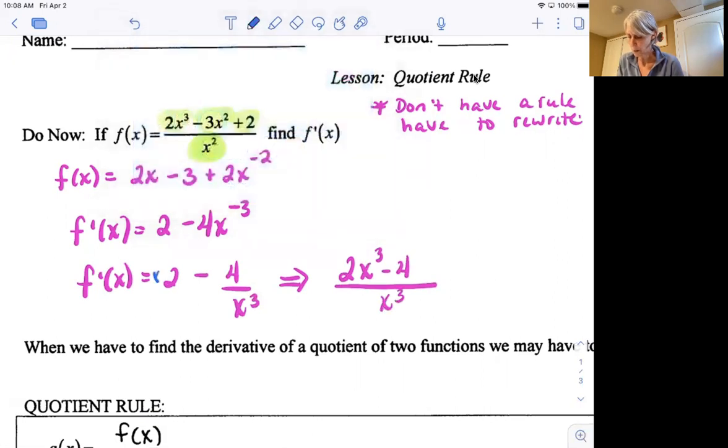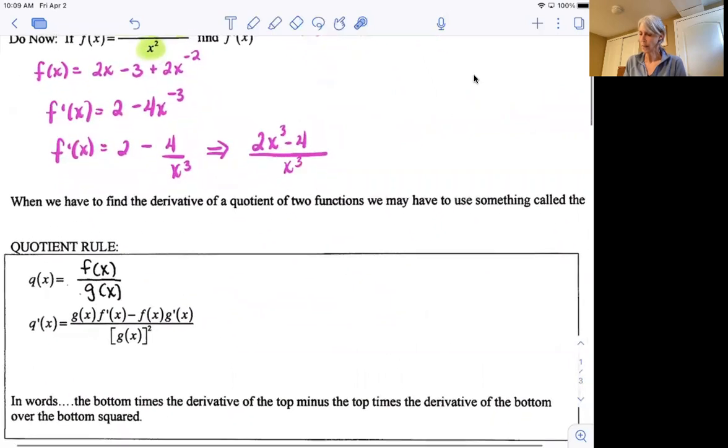If we were to multiply this by the least common denominator. So it's important for you to understand these are equivalent expressions.